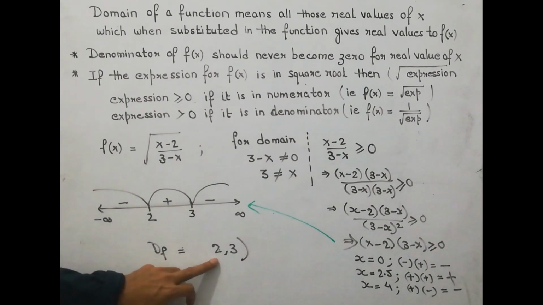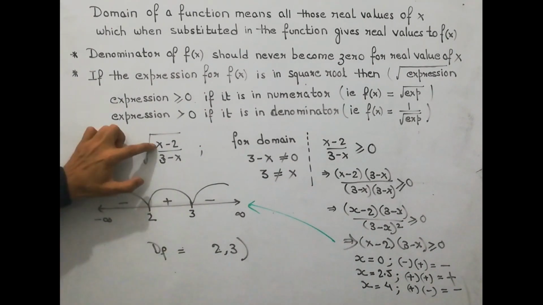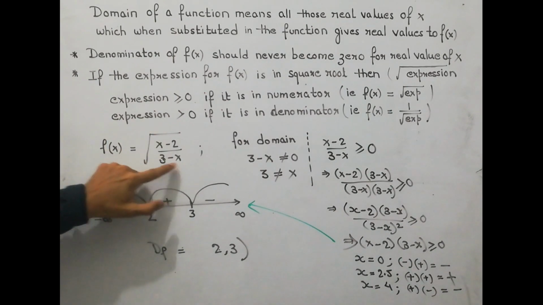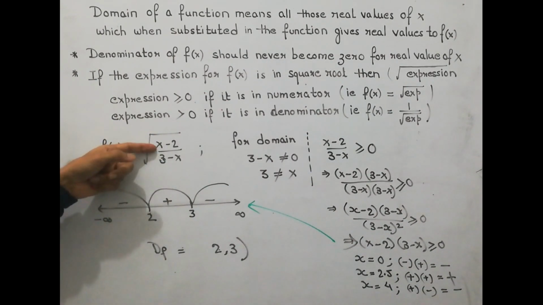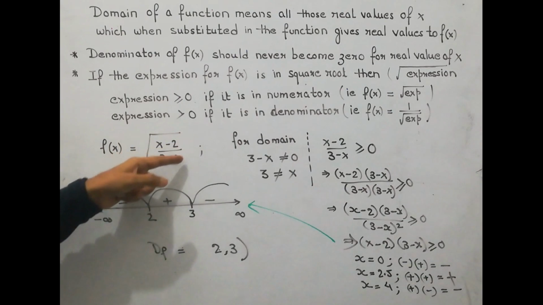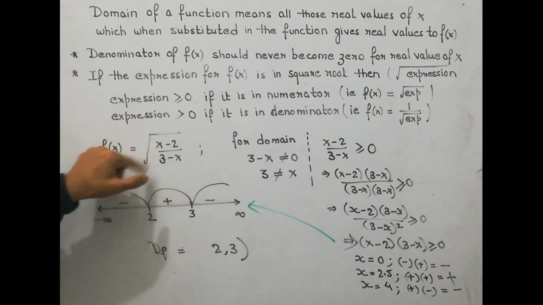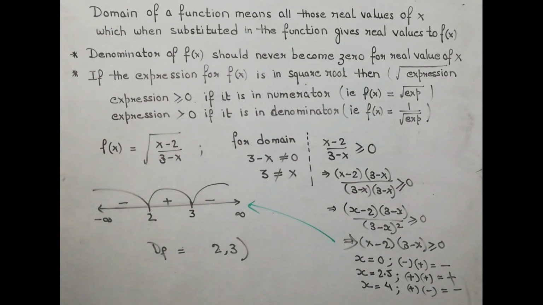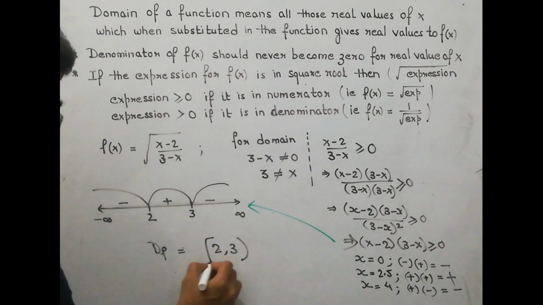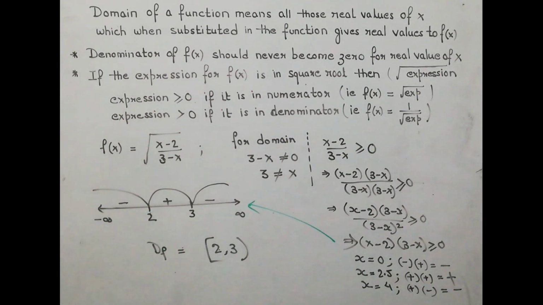If you take x as 2, the denominator will become 1 and the numerator will become 0. That means overall it will be 0, and that is a defined value. So for x equal to 2, you are getting a defined value. So you can take x as 2, but 3 cannot be considered. Just go through it and note it down.